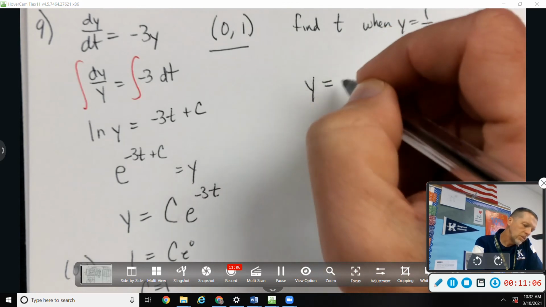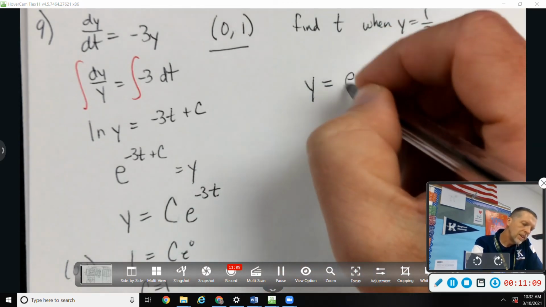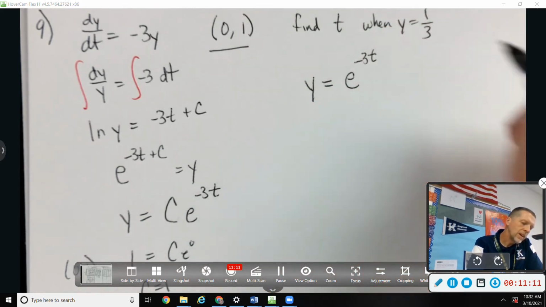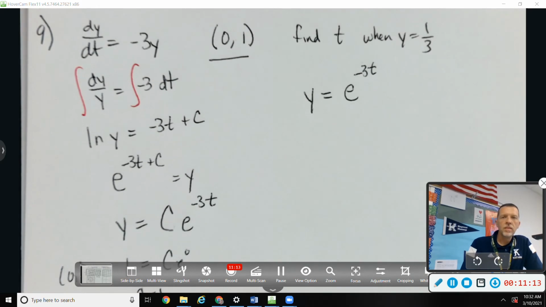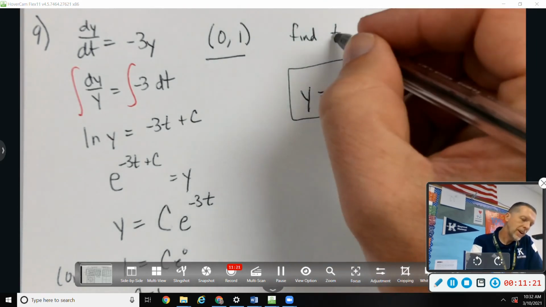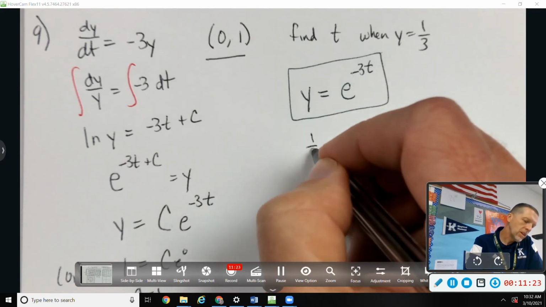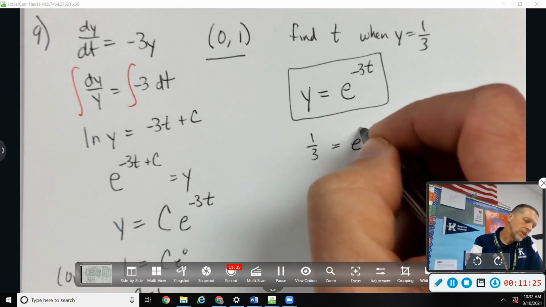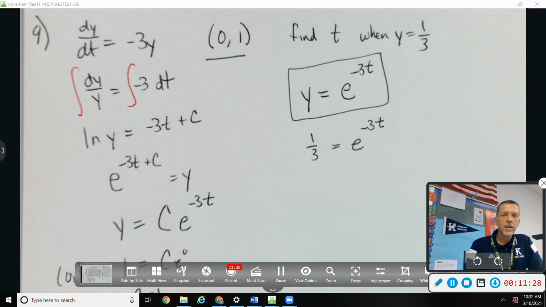So y equals 1 e to the negative 3t. And now I want to find t. So that's usually where we stop. We usually stop right there and we're good. But this one asks me to find t when y is 1/3. So 1/3 equals e to the negative 3t.